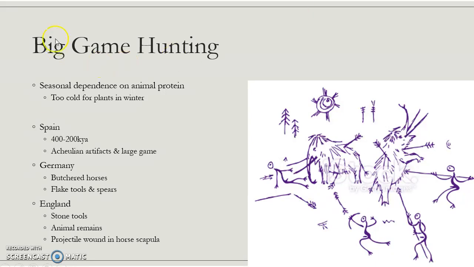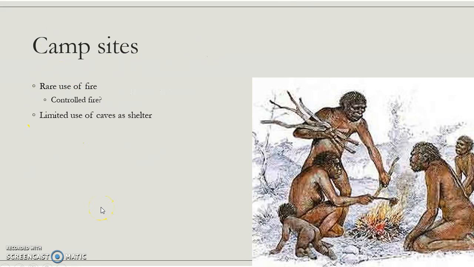And we see artifacts and evidence of this in different regions. We also see some evidence for use of fire. We think that Homo erectus had use of fire. We know it was around during this period, but again, I mentioned when we talked about Homo erectus, we're not flaking flint and creating fire this way.